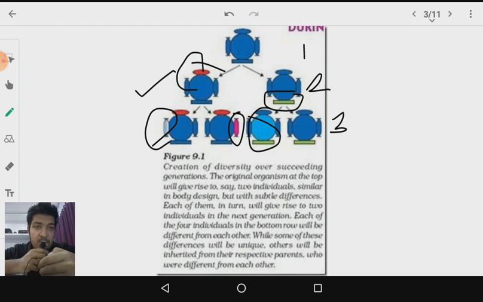Some of these variations, as you can see, are either seen in the parental generation or in the first generation, that is the first filial generation. Some variations like this pink color as well as this blue color in the middle circle are new characters which were not present in any of the parents, right? So certain variations can be inherited and certain can be by mutations, and we have discussed mutations in the previous chapter.